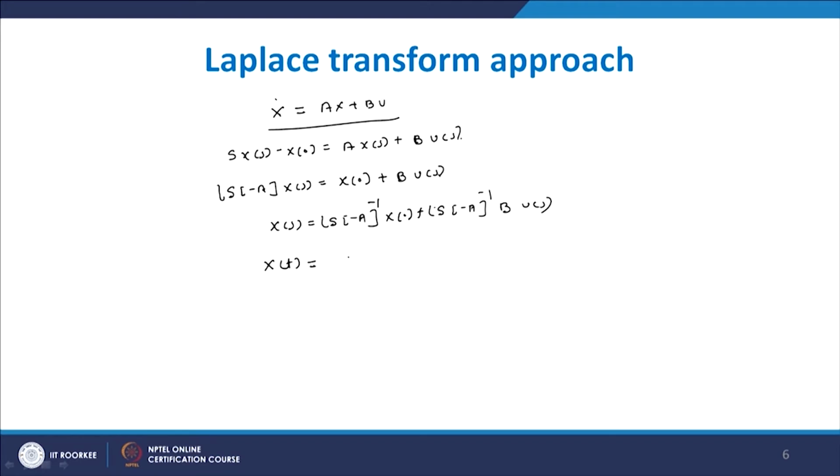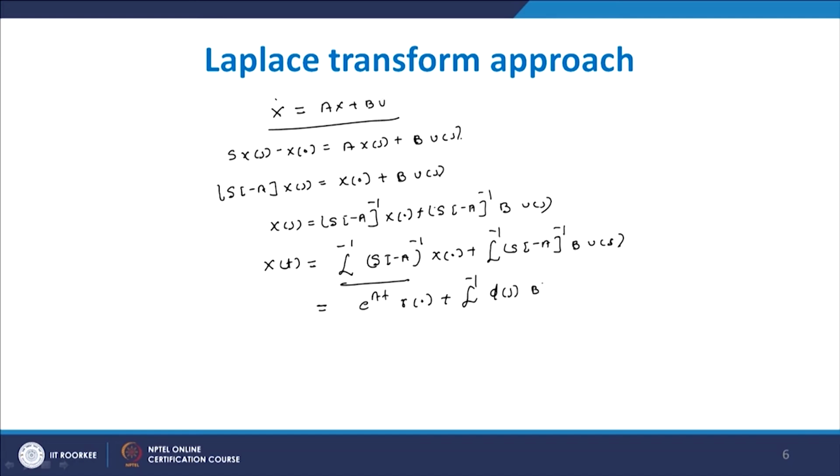So, we can get it as x of t equal to Laplace inverse of (sI minus A) inverse x naught plus Laplace inverse of (sI minus A) inverse B into u of s, and here we can write down this as e raised to at into x naught plus Laplace inverse of phi of s into b u of s, that is here it can be phi of t into x naught plus Laplace inverse of phi of s b into u of s.